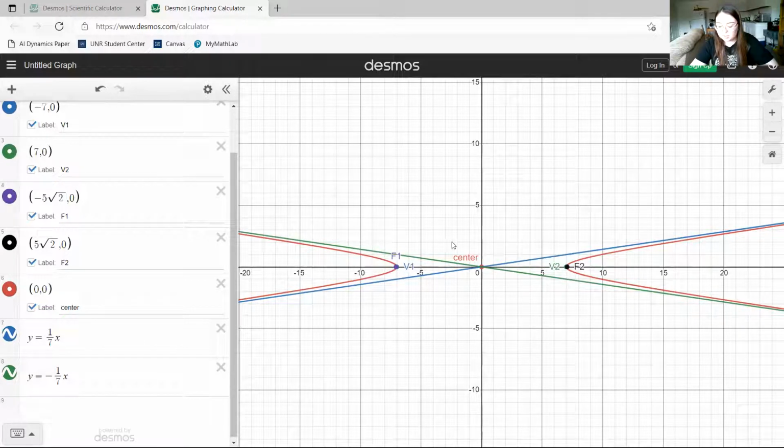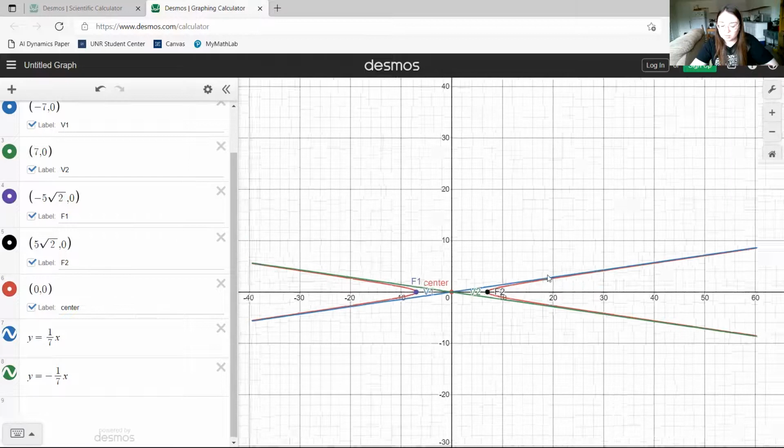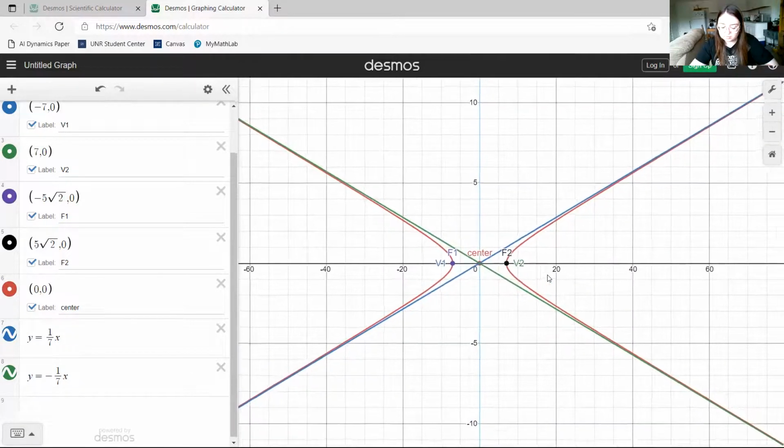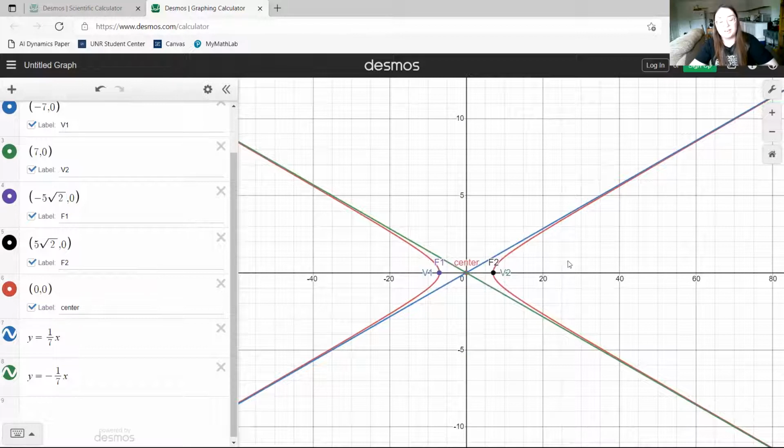So we see we have our two asymptotes here, and our function is within these asymptotes. We can even zoom out more or zoom in more. We can play around with Desmos quite a bit to get some interesting looks at our hyperbola, but we see that everything about our solutions would end up being correct since we ended with this image.